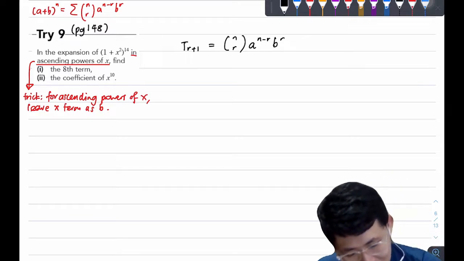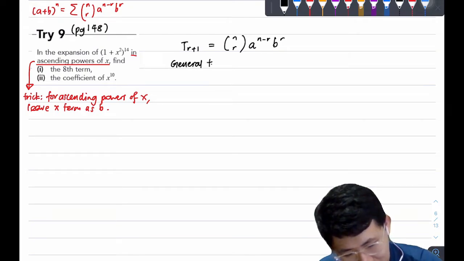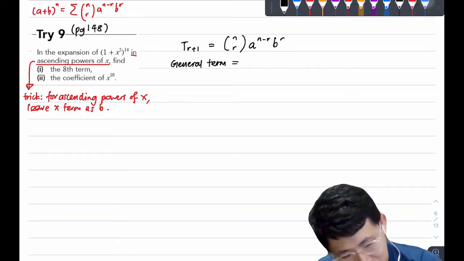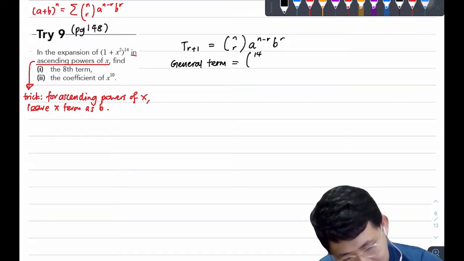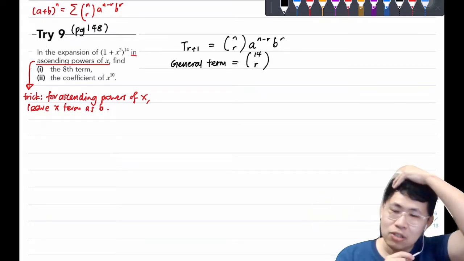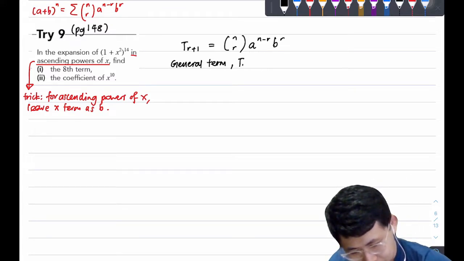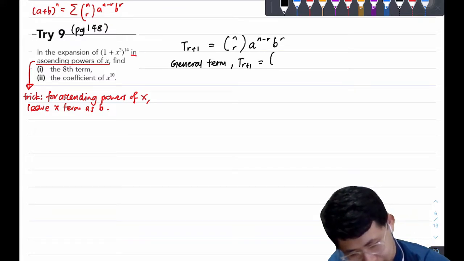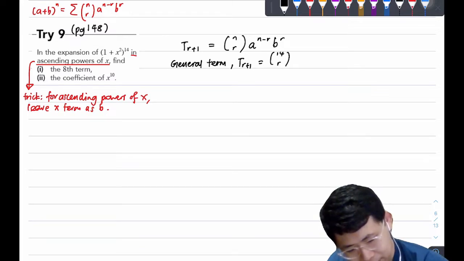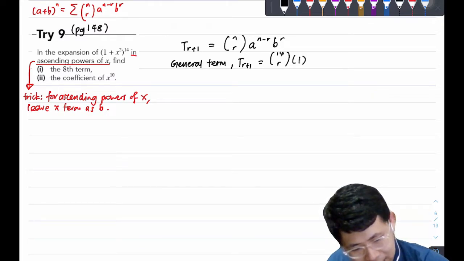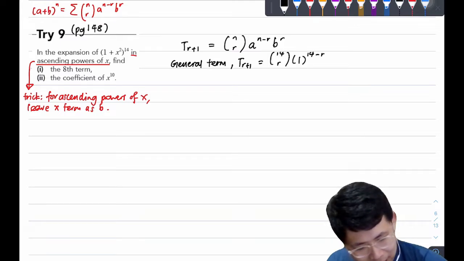Okay, so the general term for this expansion will be equal to, n is 14, 14 choose r, because now the general term is going to be a generic r. So 14 choose r of a to the power of n minus r times b to the power of r.